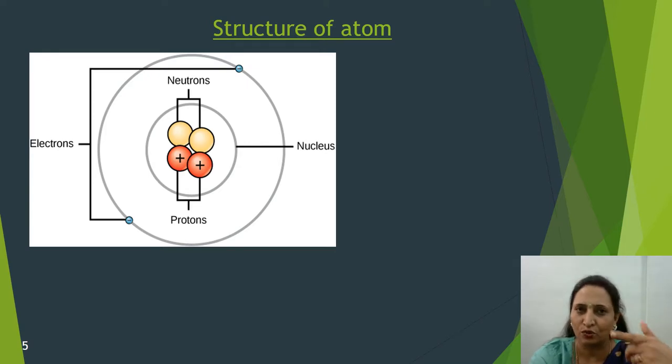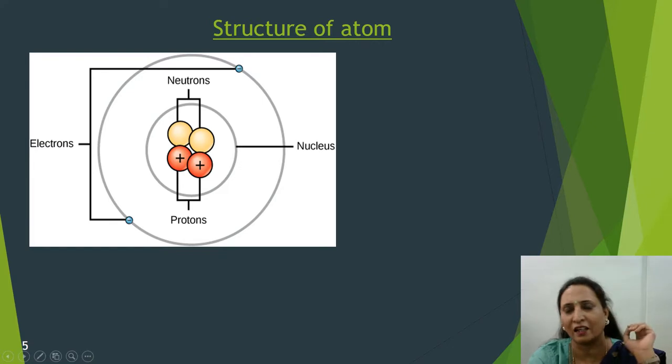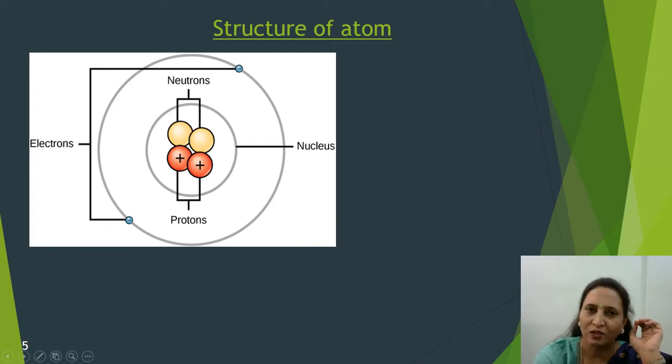These two, neutrons and protons, are present at the center part, which we call the nuclear zone or nuclear region. Beyond this nuclear region, there is a second region in which electrons are present. In this diagram, they are denoted by small blue color balls. They revolve around the nucleus in a definite path, which we call an orbit.